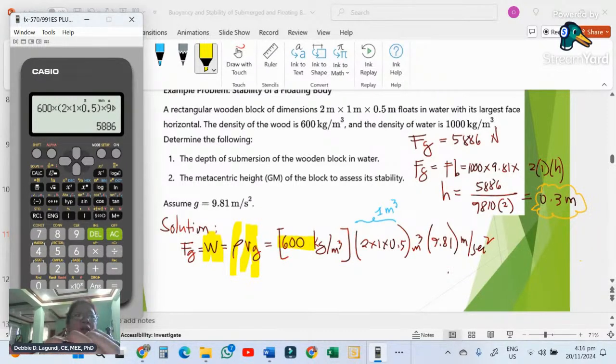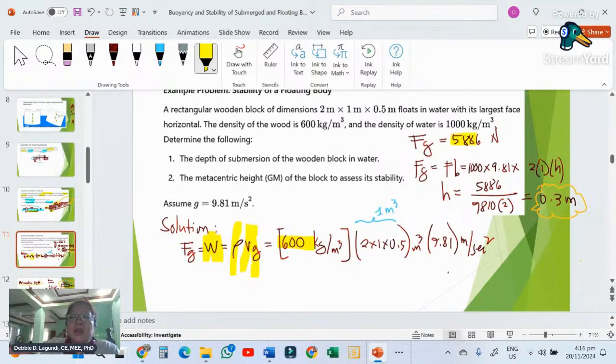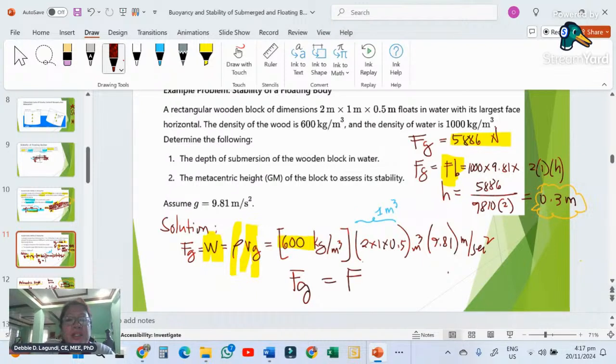So that's it. And then you equate this one to FB, which is the same formula, rho V g. However, it will be different values because we are pertaining to the water in which the body is submerged. So you have FG equal to FB this time.